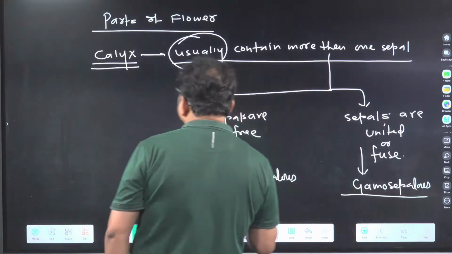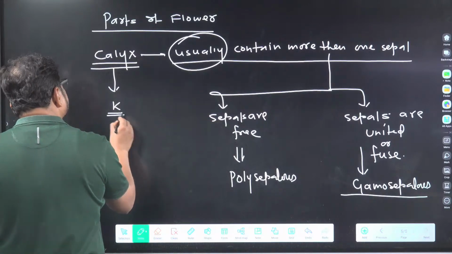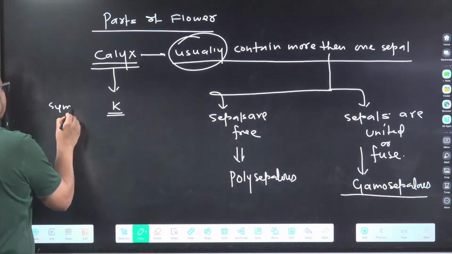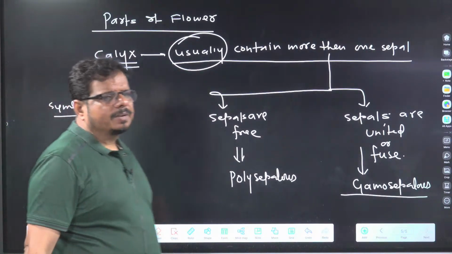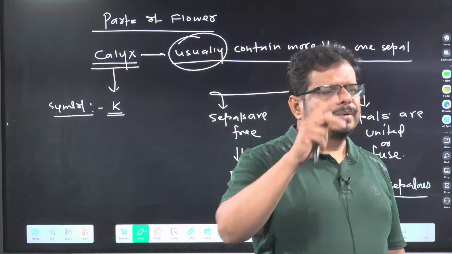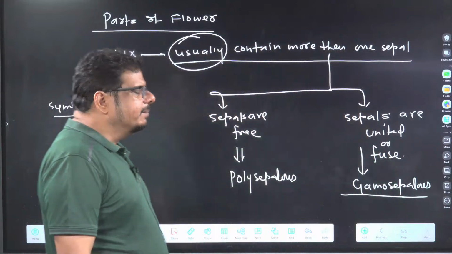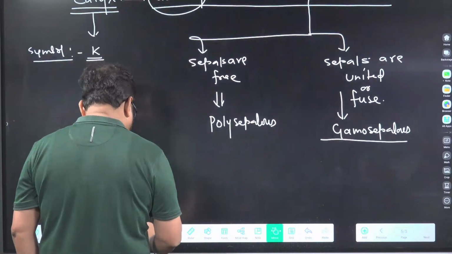And you better know the symbol of calyx. We symbolize the calyx with K. Because both calyx and corolla start with C, to differentiate between the two, we have given the symbol K for calyx. So what is the symbol of polysepalous?